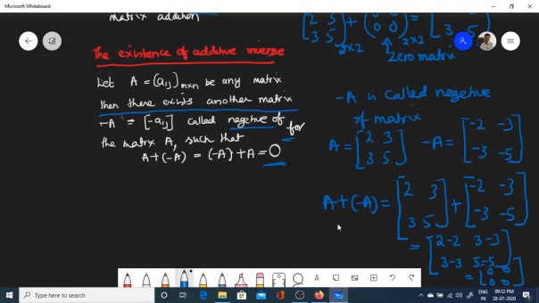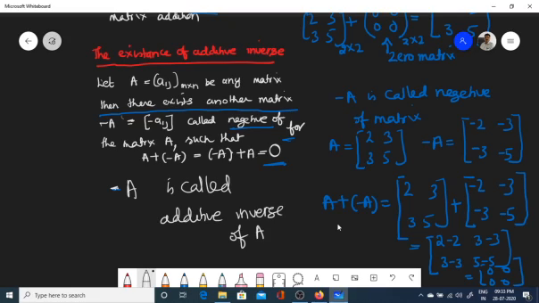So in this way we define the inverse of a matrix, that is, the additive inverse of a matrix. Here minus A is called the additive inverse of A. So if we add a matrix to its additive inverse, in any order, minus A plus A, we are always getting 0.